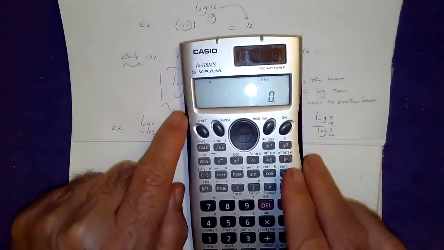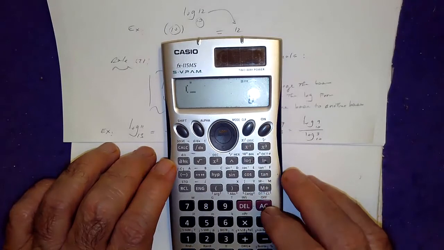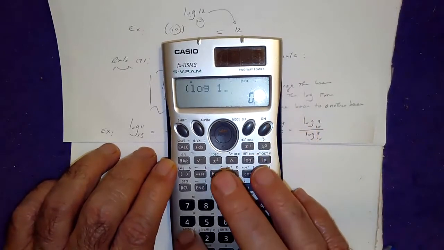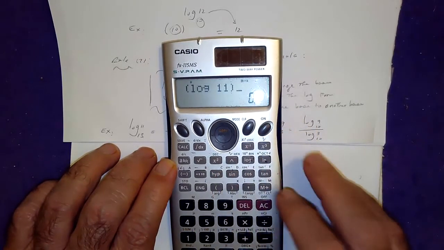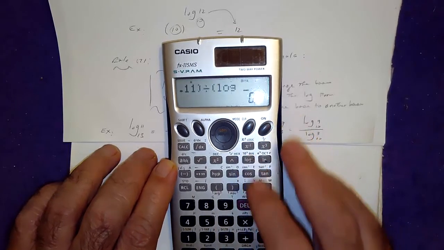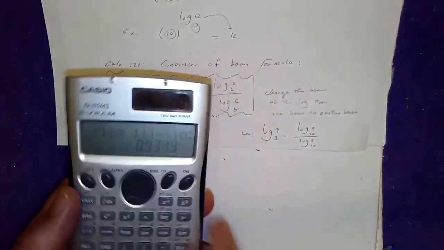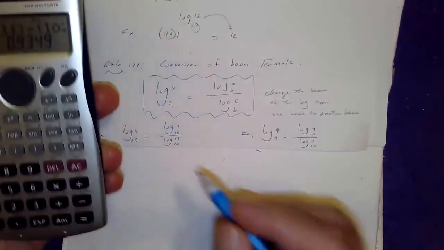So let me just show you how that's done. Parentheses, log of 11, close the parentheses, divided by, open parentheses, log of 13. And the answer, folks, is 0.9349.